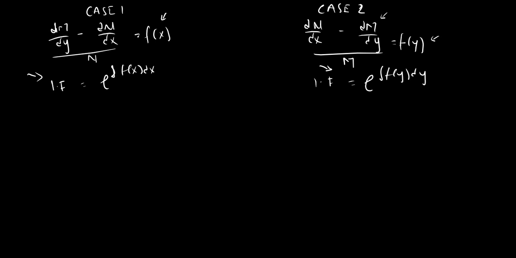After you have the new equation, you are going to solve using the method for the base form, which is basically you just integrate the values of M and then you integrate the value of N that has only y variable, right? So very, very simple. I'm going to take one question under case 1 and one question under case 2.